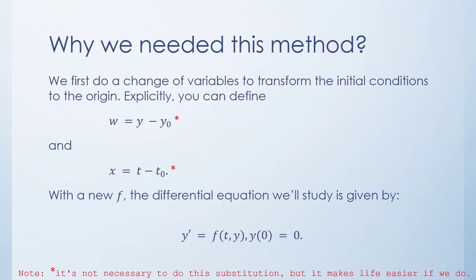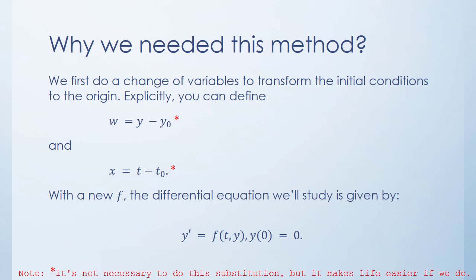We first do a change of variables to transform the initial conditions to the origin. Explicitly, you can define w equals y minus y naught, and also x is equal to t minus t naught. With a new function, the differential equation we will study is given by y prime is equal to f of t and y, given that y of 0 is equal to 0.